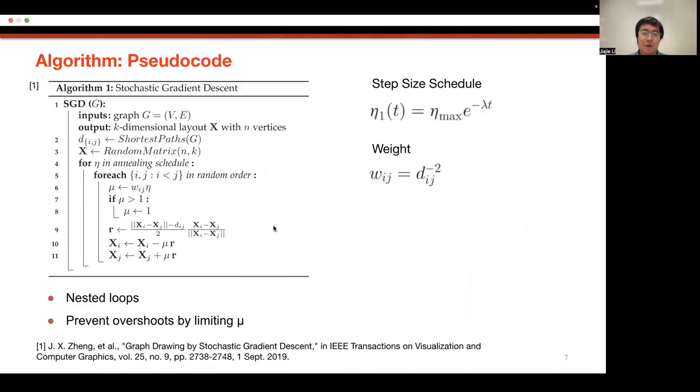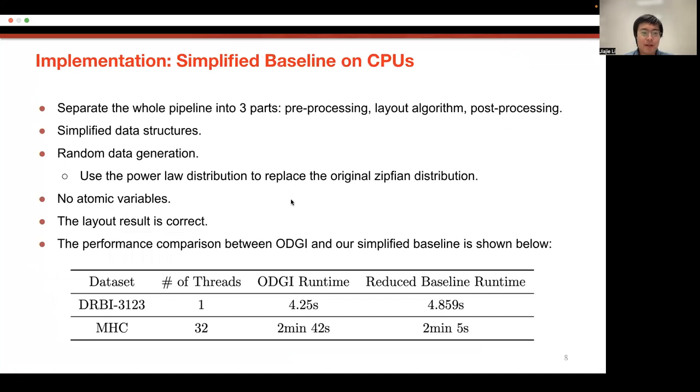Following this iterative process, this is the pseudocode of the whole algorithm. There are four nested loops, and following this iterative process, we can finally get decent results for the Pangenome graphs. For the implementation, first we need to get a simplified baseline on CPUs, as this whole algorithm is a real algorithm that is used in the biological field.